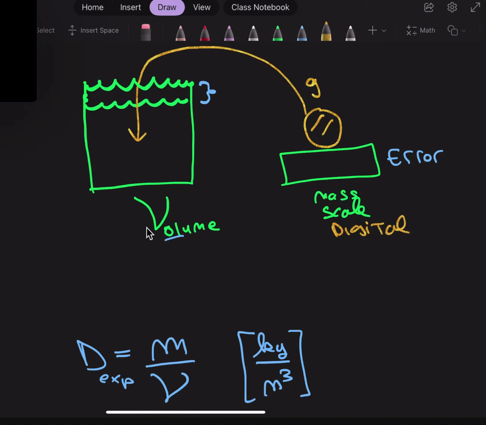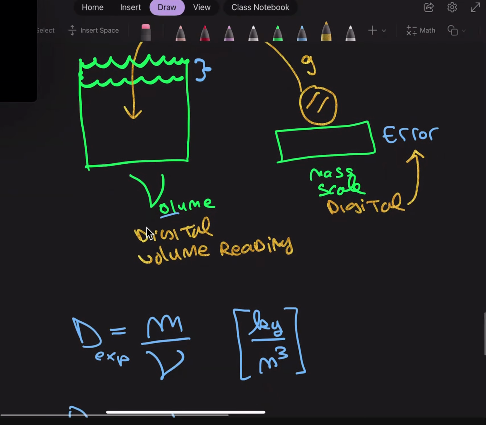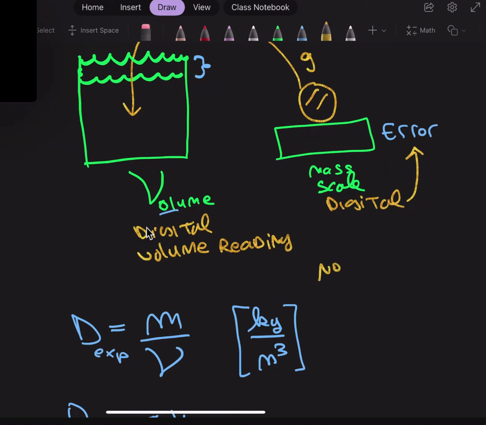So when you record the error, record the error for a digital device, and also for the volume, take the volume also to be a digital reading. You'll have to use the error analysis lecture to see how to read the errors for digital devices. And I believe for both of those there's going to be no fluctuation in the readings.